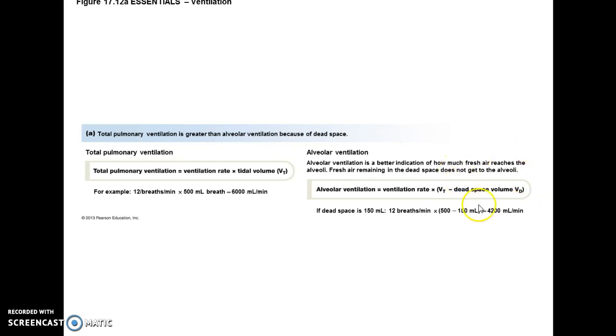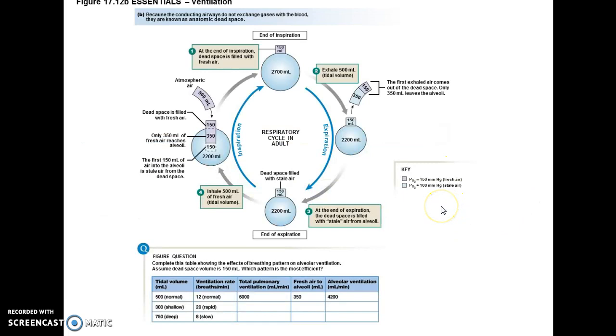The rest of it is called dead space. So you can see here those areas that don't exchange gas. It says the conducting airways do not exchange gases, but they are known as anatomic dead space. Okay, so they are the anatomic dead space.